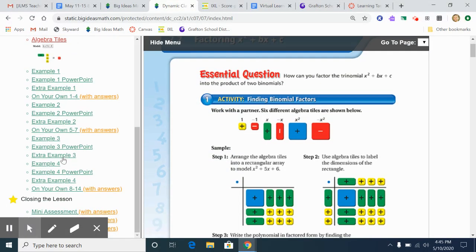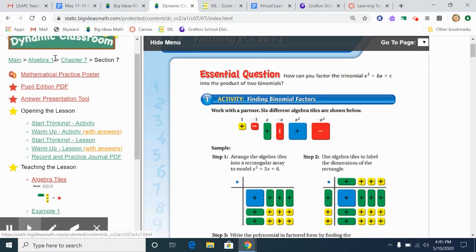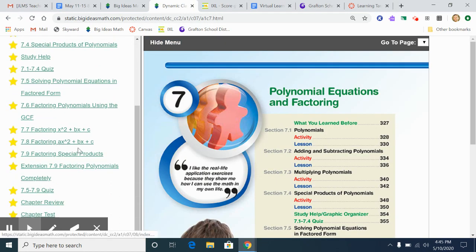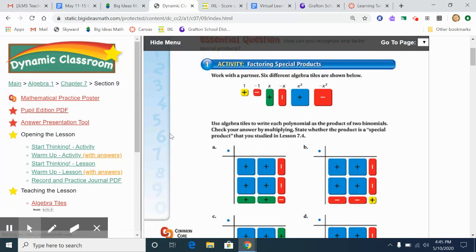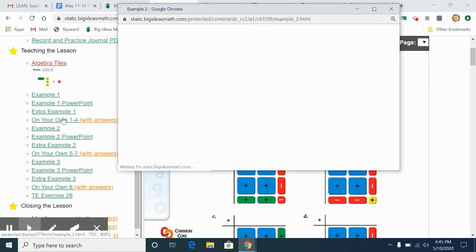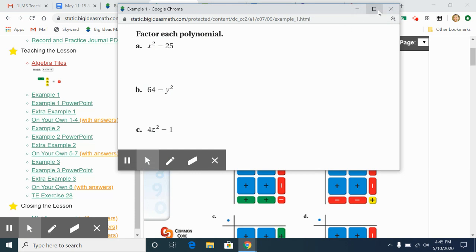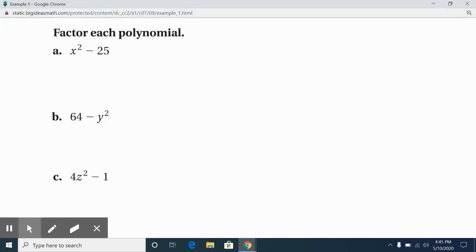And then the last thing I want to look at is special products. These are special binomials that we talked about, where each term has a perfect square.